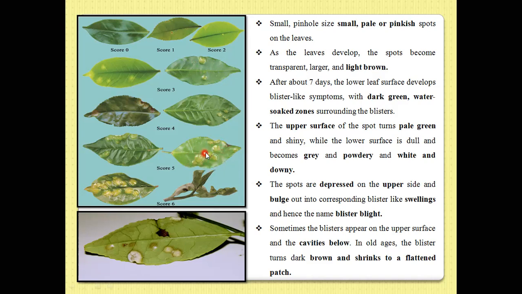These spots on the lower side generally become dull and gray in color, with dull green spots or gray spots, or a powdery whitish mass just like a downy growth. Such a whitish mass is seen on the lower side of the leaf, but on the corresponding upper side the pale green shiny spots are seen. With development of the fungus, these spots are depressed on the upper side and bulge out into the corresponding blister-like swelling.